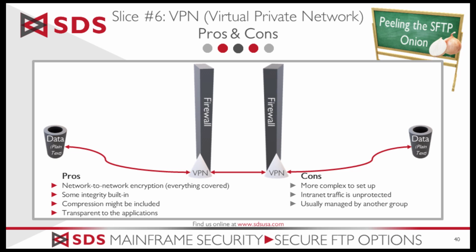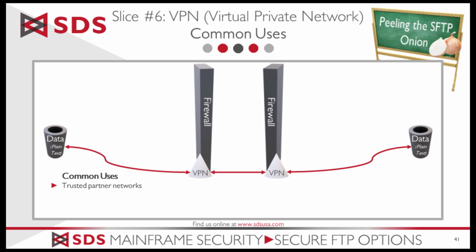In addition, when a VPN is implemented at the firewall, that's where the encryption ends. Traffic over the intranet is unprotected. I discussed that concern earlier. I'm not sure if this is a pro or a con, but VPNs are generally managed by the network group, so it might be something that can be offloaded, or it might be something that's outside your control. It kind of depends on your point of view as to whether that's a good thing or a bad thing.